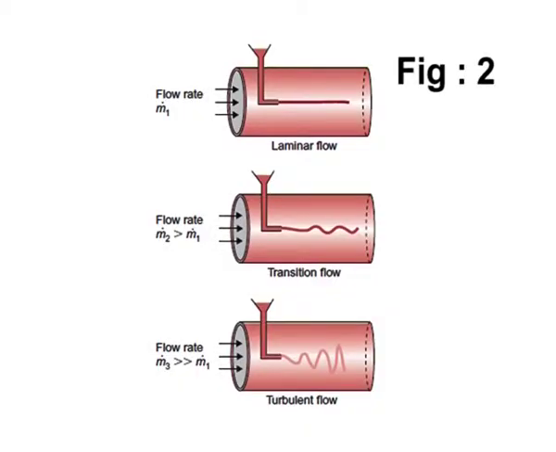As the flow rate increases, the dye begins to blur at some distance away from the injection point. The blurring of the dye is caused by movement of the dye in the radial direction. At high flow rates, the dye becomes blurred immediately upon injection. At these high flow rates, the dye spreads in a random manner along both the radial and the axial direction.